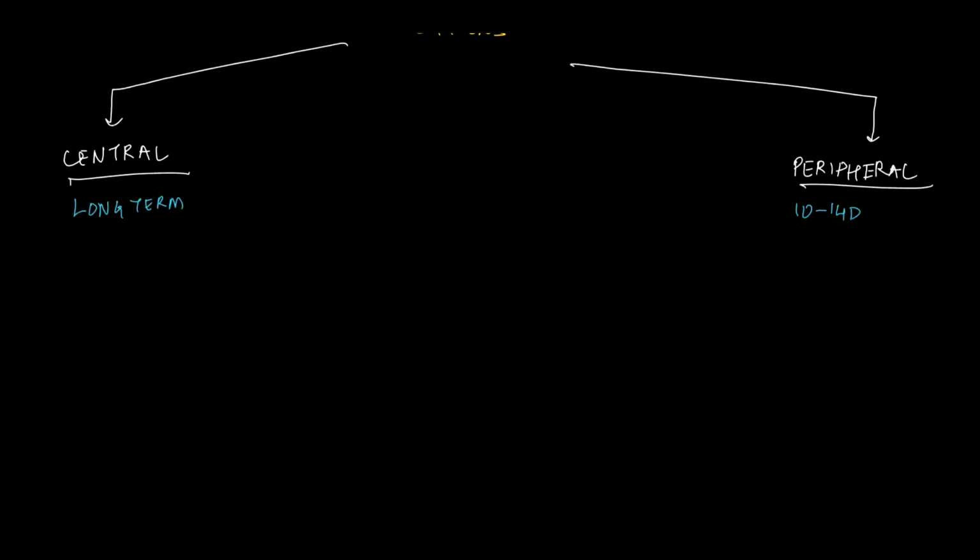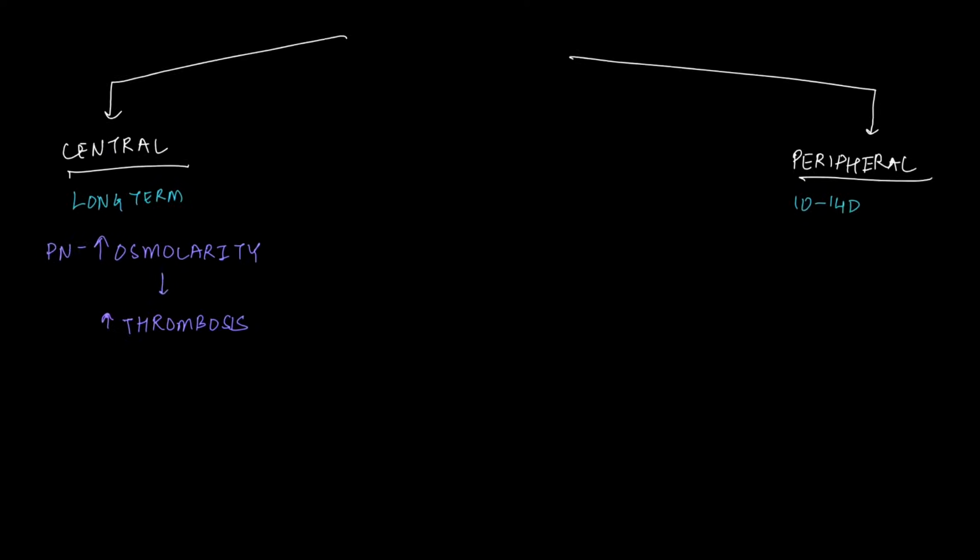Now, first, let us discuss the central access. So, parenteral nutrition has increased osmolarity, and increased osmolarity will lead to increased thrombosis, and hence the central line is preferred for increased osmolarity parenteral nutrition.